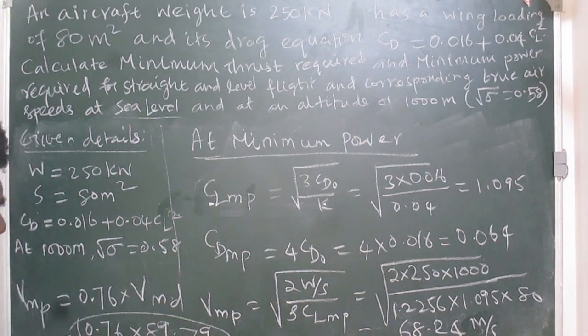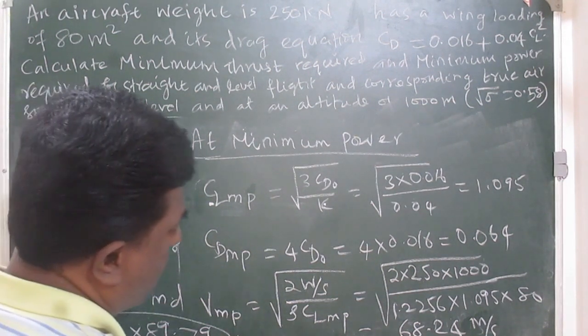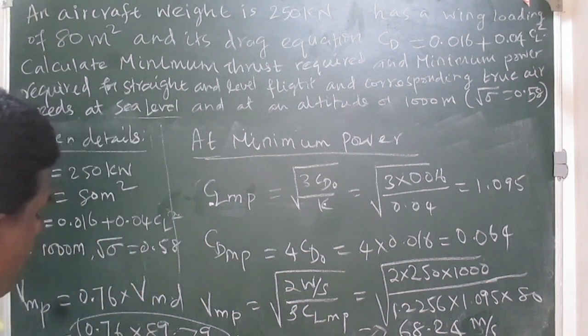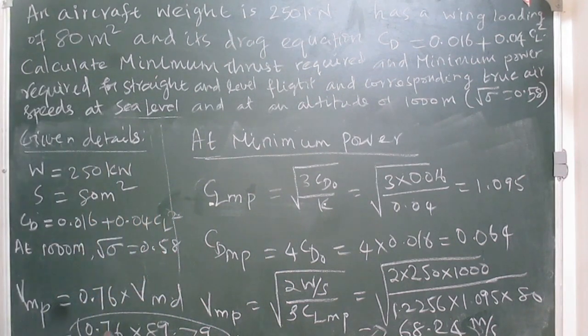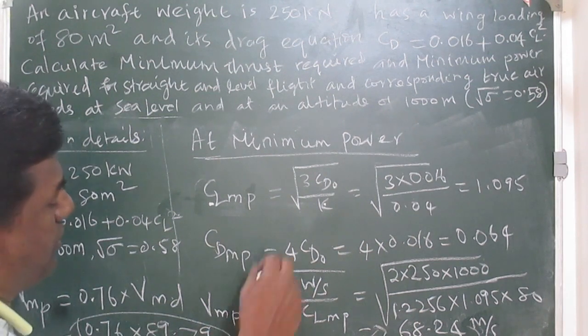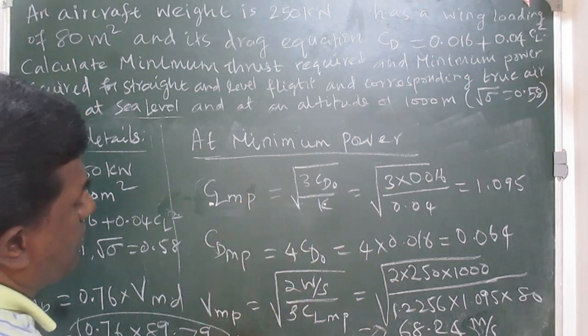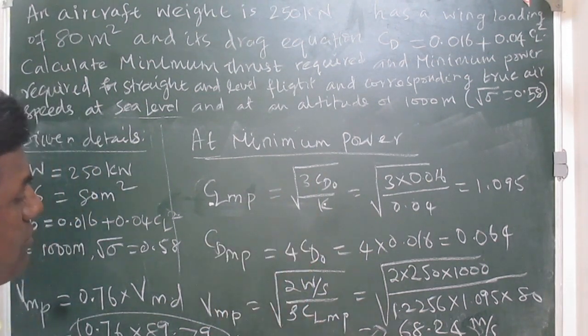If you calculate this value, it will be equal to 68.24 meter per second. So by using this relationship also we can find it.